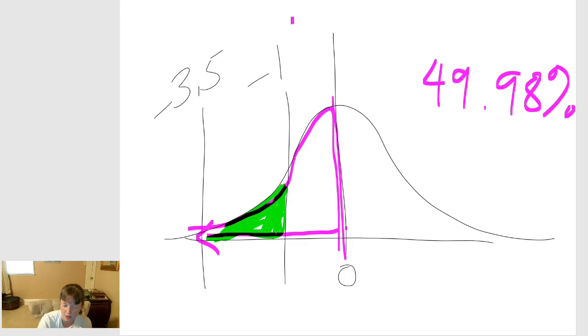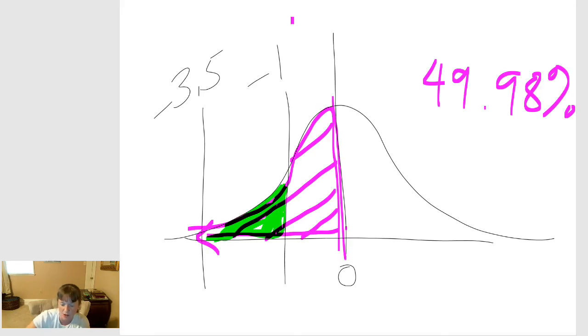About half the graph is from the z-score of 0 to the z-score of -3.5. Everybody in here. But is this what we want to know about? No. We only want to know about the little green area, not the giant purple area.